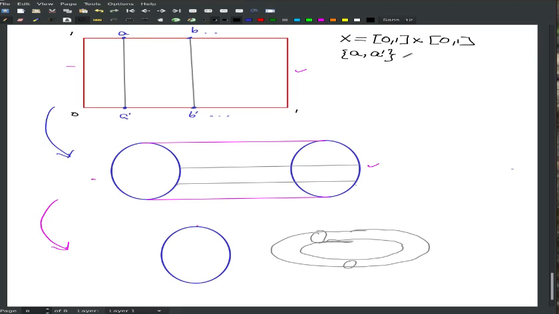Say A. What is your partitioning set? Say A1 and A0. So this is your partitioning set. So P consists of sets like this.